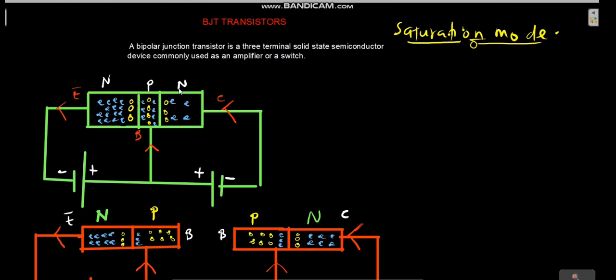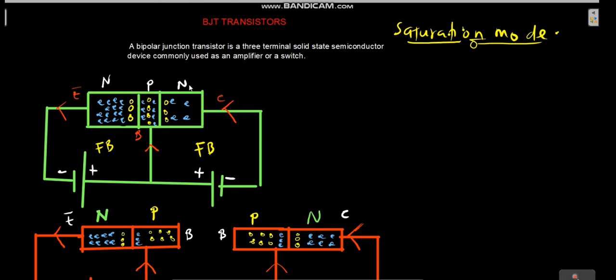We learned earlier that in the saturation mode, the emitter-base junction is forward biased, and the collector-base junction must also be forward biased. So this side is forward biased, and this side is also forward biased.